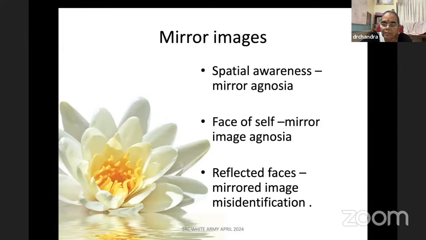We have had a patient who was a professor in the Benares Hindu University, and he used to visit home only occasionally. One day the wife saw that the husband was talking to the mirror in the almirah of their room. So she went to see what is happening. She didn't know that he was talking to the mirror. So she opened the almirah. Then the mirror moved away.